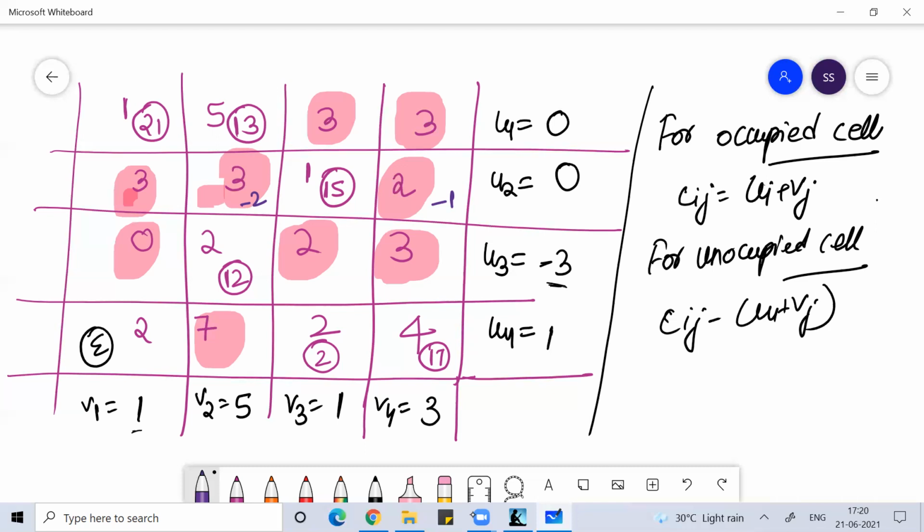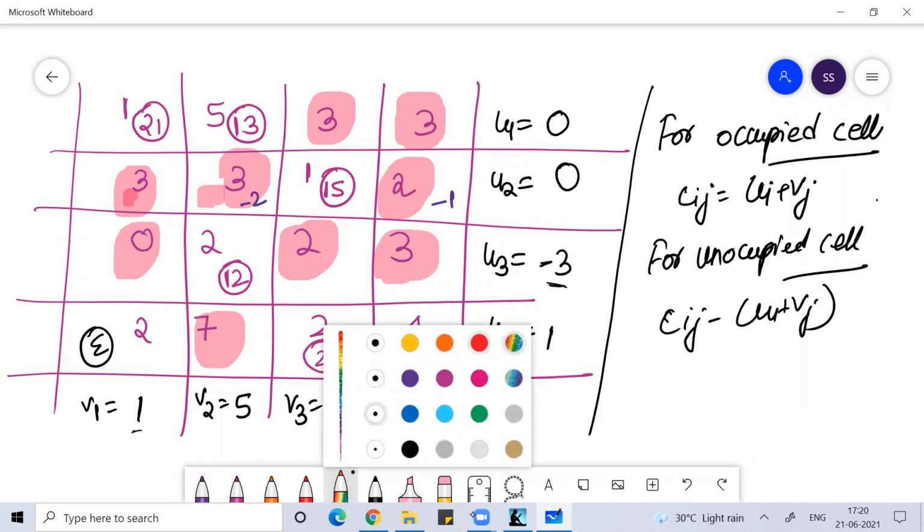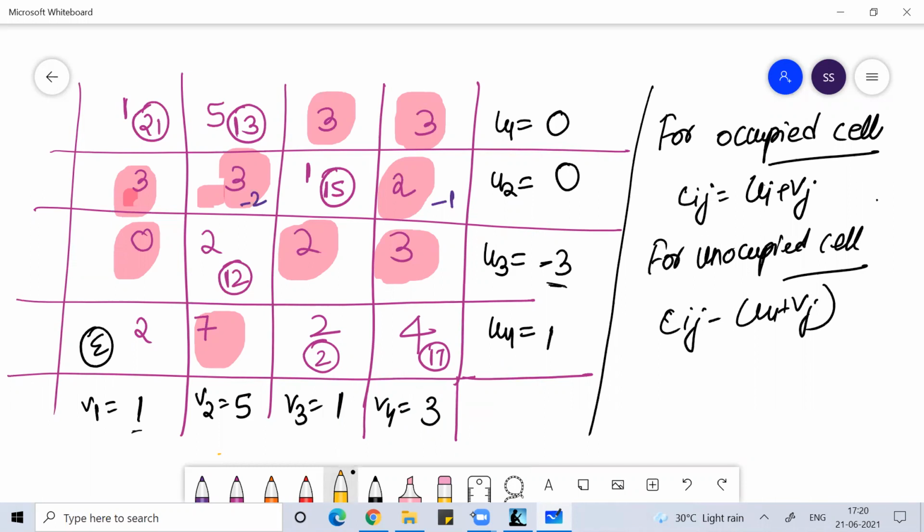So first, by using Cij is equal to ui plus vj, we work on the occupied cells and find the values of u1, u2, u3, u4, v1, v2, v3, v4. Then what can be done? We see how we can make sure that the final allocation, by working on the unoccupied cells, becomes positive. You can see this is negative, so you can create a loop here, guys. The loop should start from here and end there.